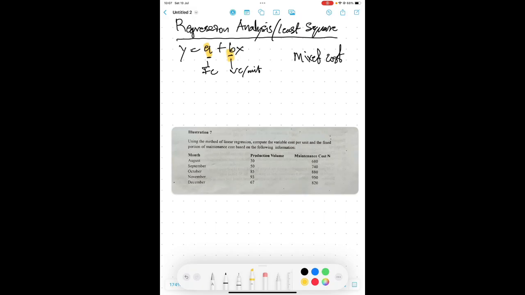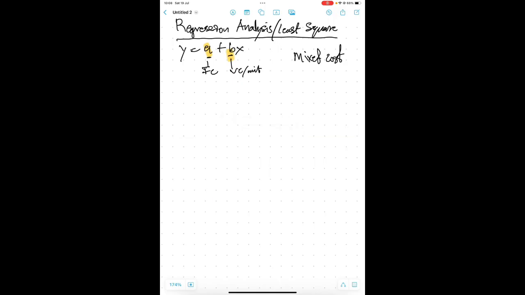So from this question, we can go ahead and calculate. We are given the volume for 5 months, October to December, and also the maintenance for 5 months, October to December. So using the function, what is the formula for A?